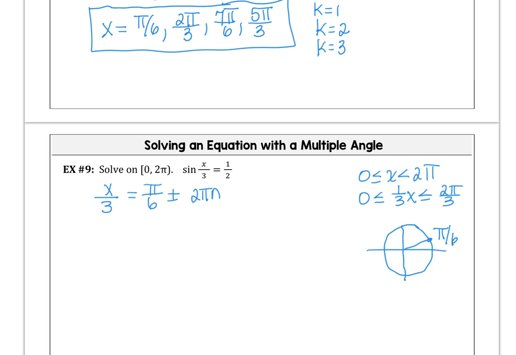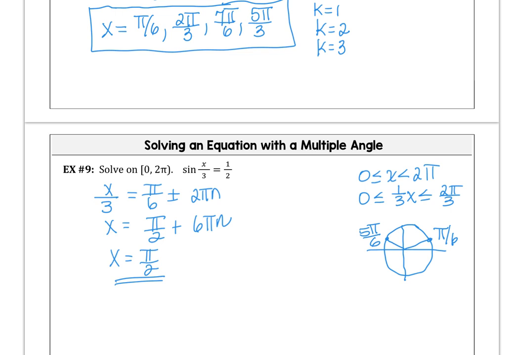Multiplying both sides by 3, x is pi over 2, and 3 times 2 pi is 6 pi. Oh wait, sine is also positive a half at 5 pi over 6. So we want to look at those. Let's first do this one. If n is 0, we have pi over 2. If n is 1, we're way past 2 pi, because that's 6.5 pi.